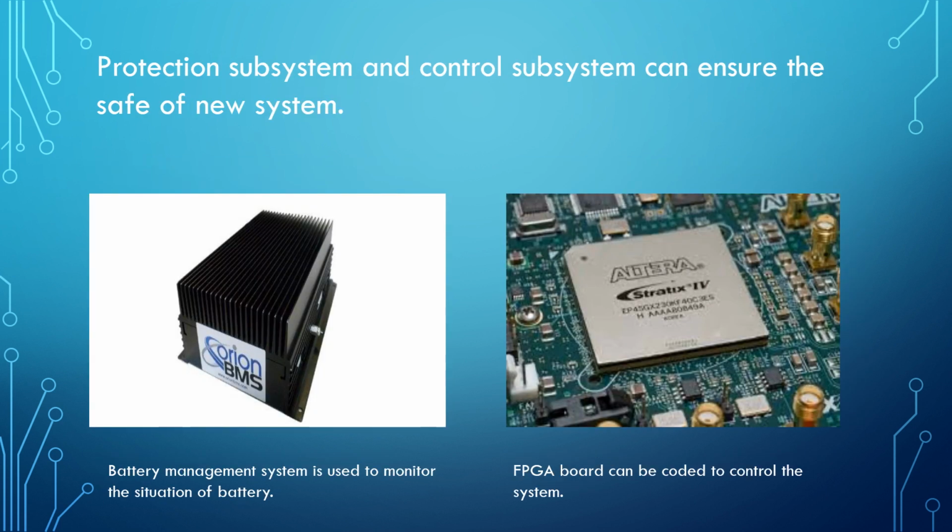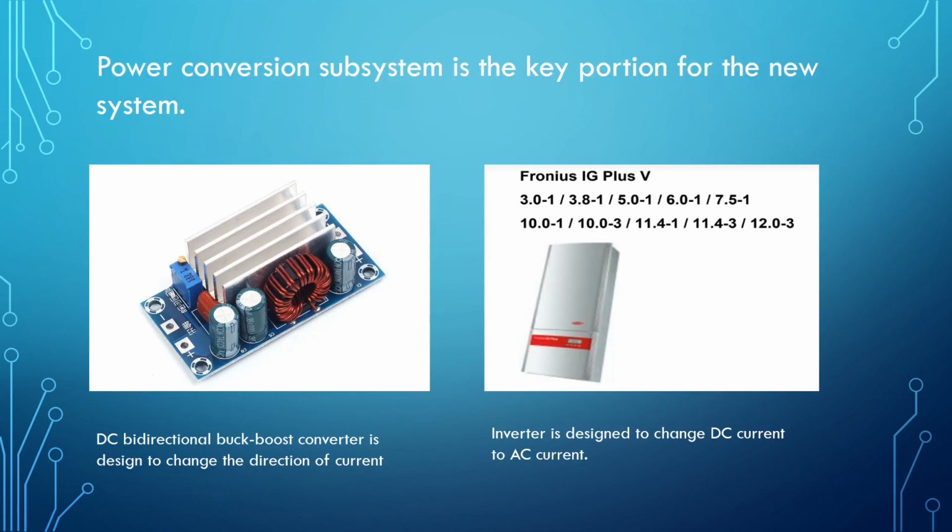We also have the protection subsystem and the control subsystem. The protection subsystem ensures the safety of the new system. The picture shows the battery management system, which is part of the protection subsystem. It helps engineers or users monitor the condition of the battery. The FPGA board is the controller that can be coded to control the system. This is the control subsystem.